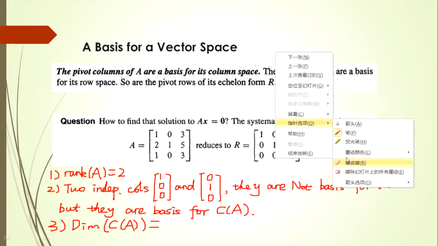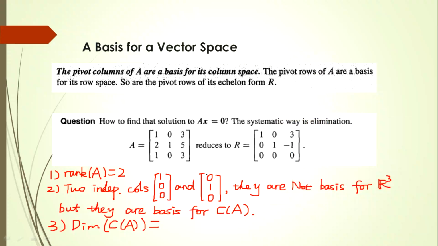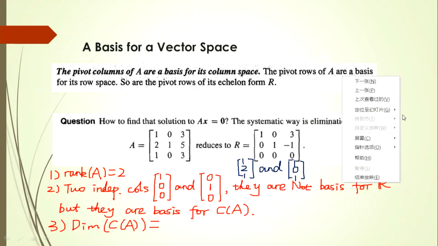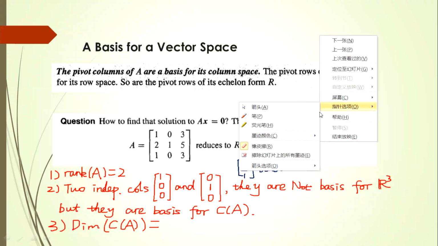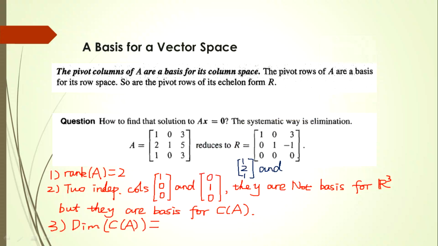And since the first 2 columns in matrix R are independent, then the first 2 columns in matrix A, 1 2 1 and 0 1 0, are also independent columns, right?